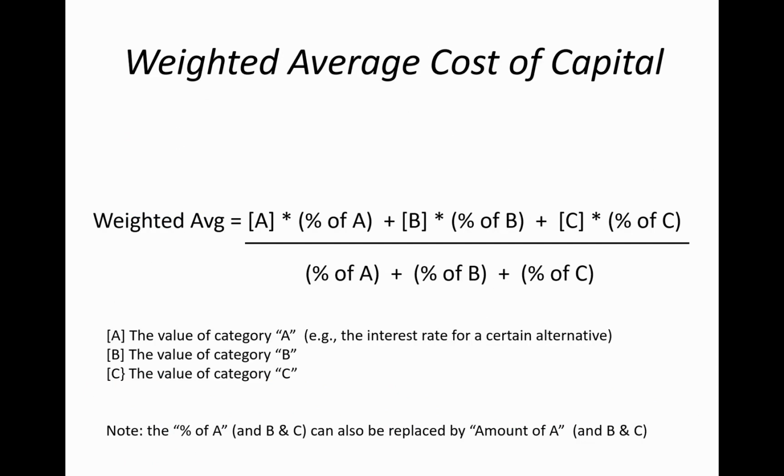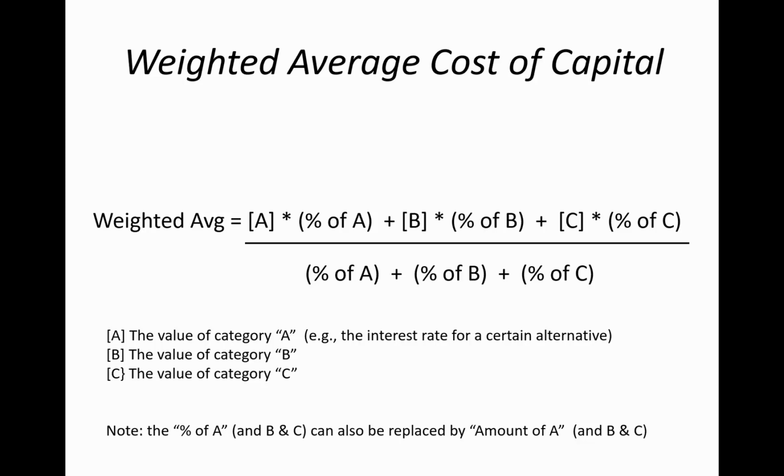Okay, here's a formula. This looks complicated, but it's really easy. It's a weighted average, and it's used for determining the weighted average cost of capital. If you get some of your money from a bank, some from selling bonds, and some from issuing stock, you'd want to find the average. A simple average for three different things would just be to add them together and divide by 3.